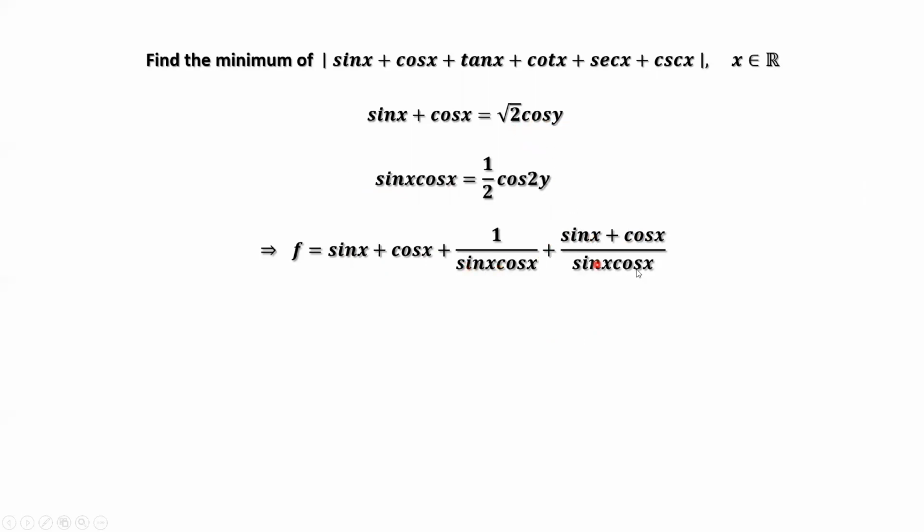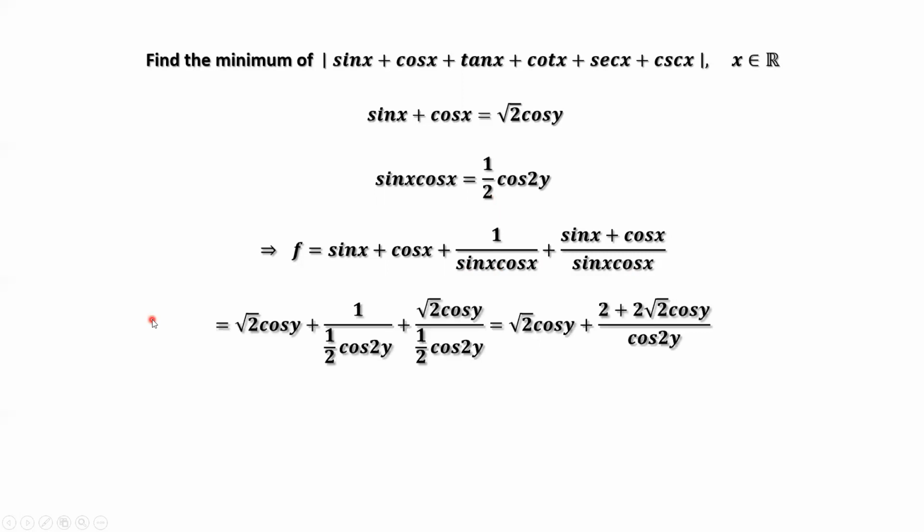The denominator we can replace by this one. We have the same denominator. We can put 2 in the numerator. Denominator is cosine 2y. Merge the last 2 terms together. We can factor 2 out.